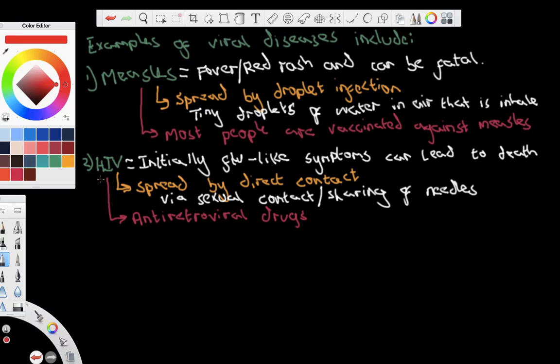I'm going to add it in red because it's important. We can say that HIV has no cure, but can be slowed down.